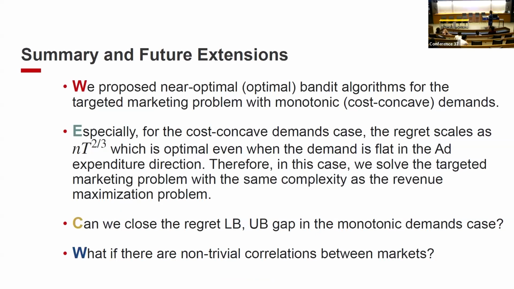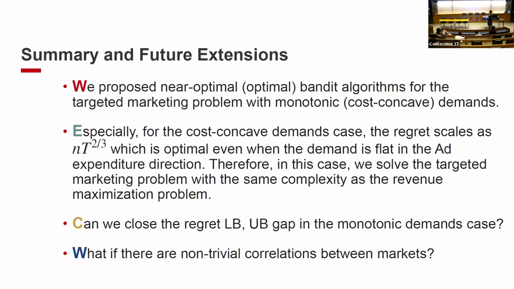In summary, we propose near-optimal and optimal bandit algorithms for the targeted marketing problem with respect to monotonic and concave demands. Especially for concave demands, regret scales as n T^(2/3), which is optimal even when there's no concavity. And there are two open problems.